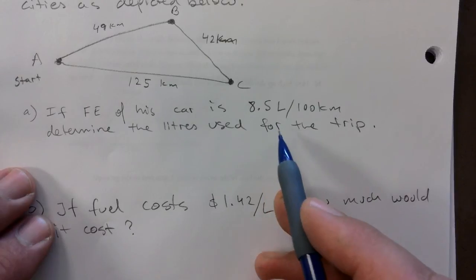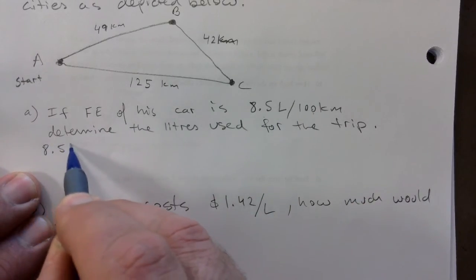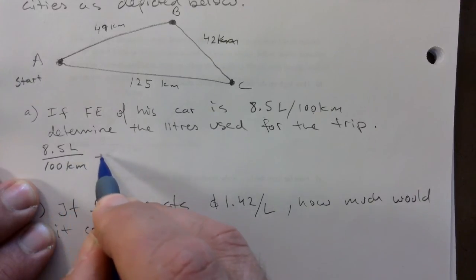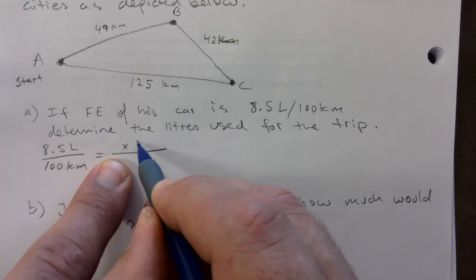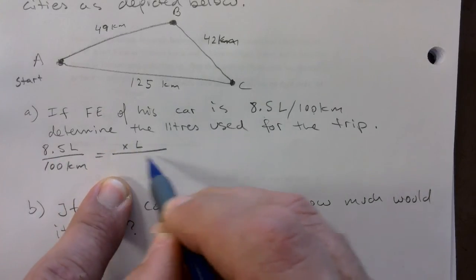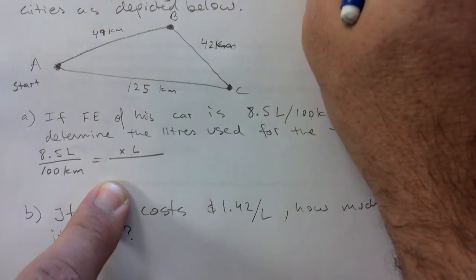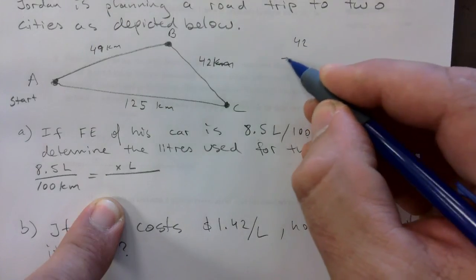Whenever you're given a fuel economy, you want that almost like sine law. It's like a pair. You want to start off with that. And then the question is asking us how many liters we would use for a certain distance that we're driving. You can actually do this yourselves if you're ever planning on visiting someone in a different province.